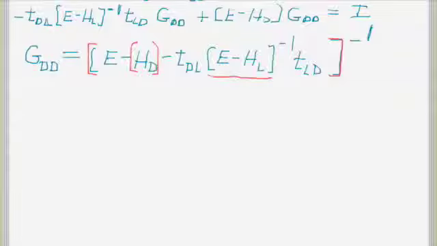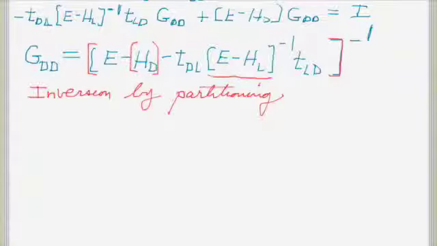So I'm inverting something much smaller than the entire matrix, and that's a good thing because it scales as n cubed in the inversion calculation. This is called inversion by partitioning. That's really all there is to it, just using algebra to solve for one part in terms of the other, and get the part of the matrix that you want, one corner block or the other.